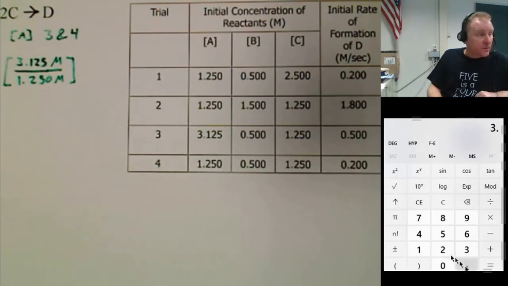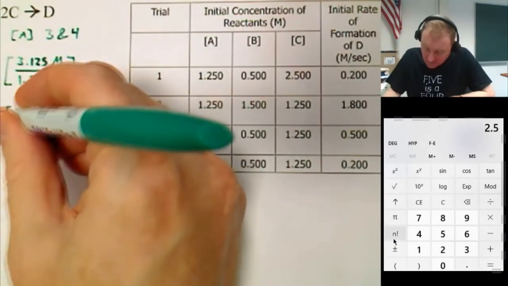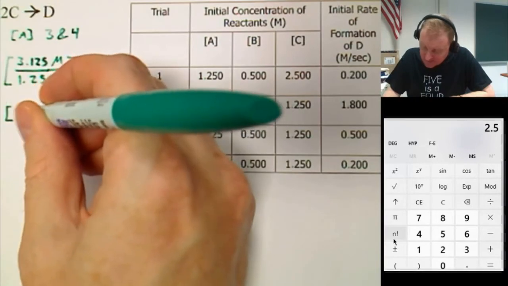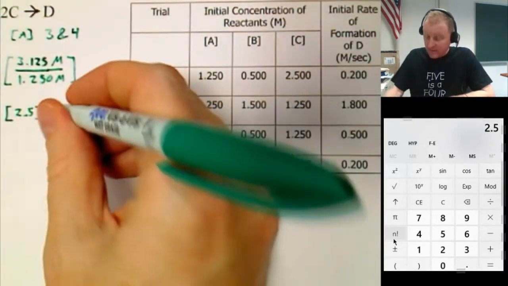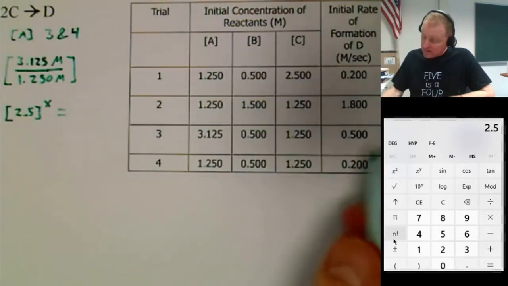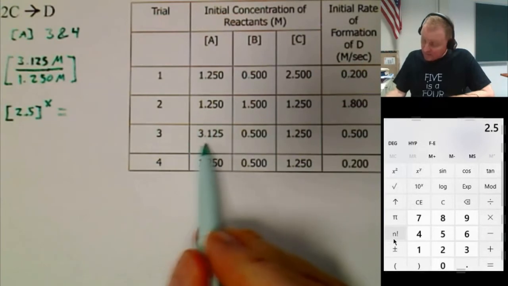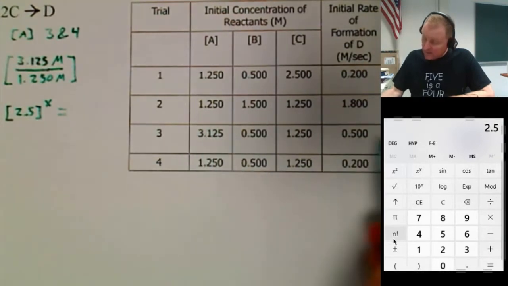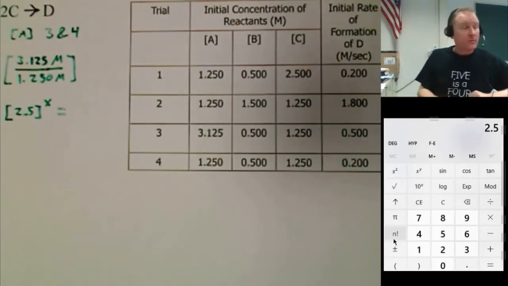So it's 3.125 divided by 1.25. And I see that the concentration didn't double, it went up by 2.5. Okay, now let's see what that did to the rate. Since I put this one on top, I need to put that rate on top when I'm comparing the rates. So let's put 0.5 over 0.2.